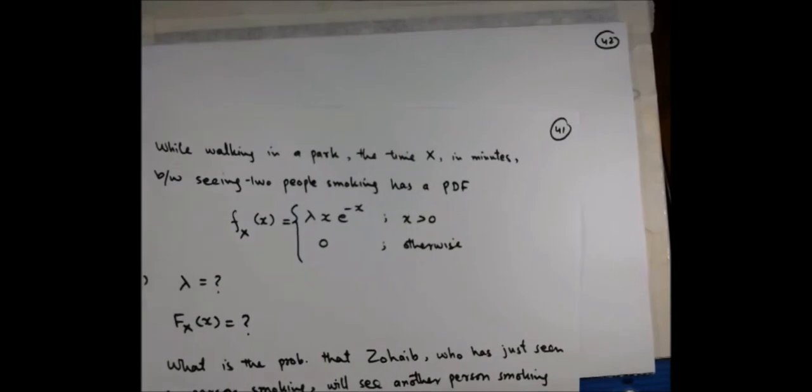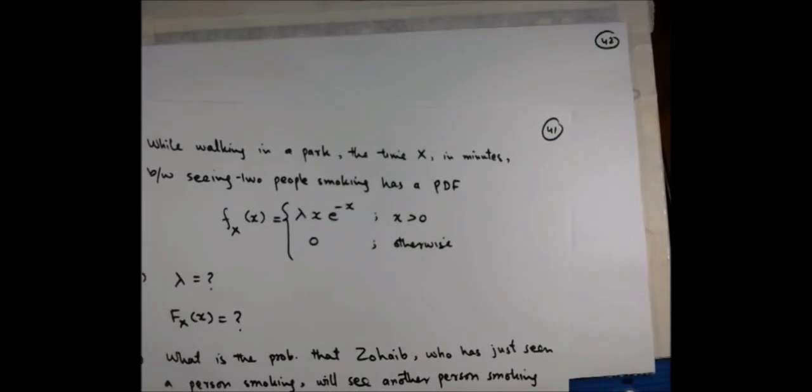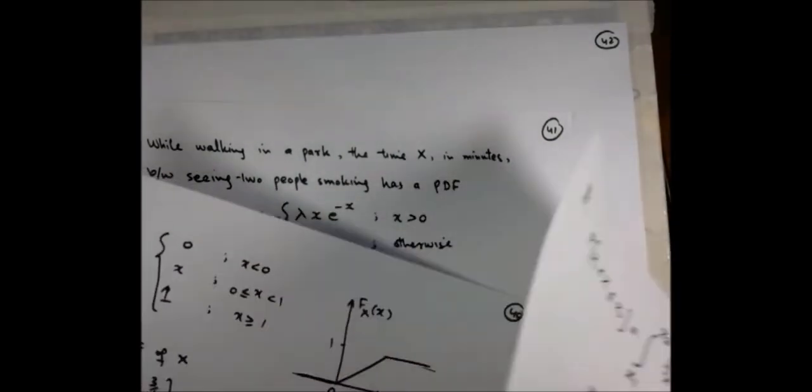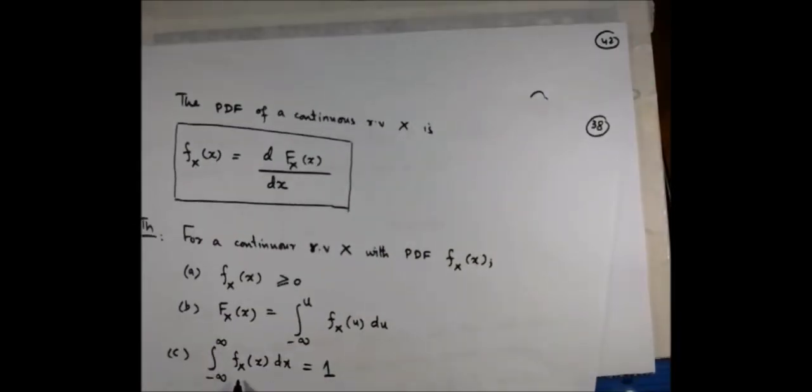You know that when you integrate the PDF of a continuous random variable on all the possibilities, you always have this total probability equal to 1, because integration is nothing but the sum of all the probabilities in a continuous random variable. So you will utilize this to find this constant lambda.